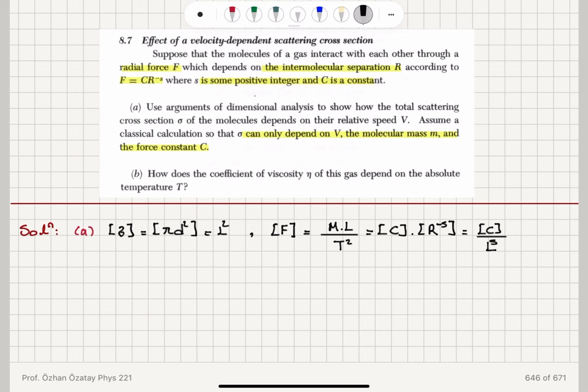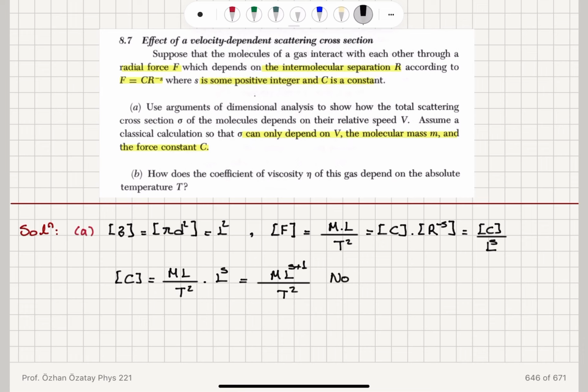So we can see that the dimension of this coefficient C is equal to the dimension of the force, mL over t squared, multiplied with L to the power S. So we obtain m L to the power S plus 1 divided by t squared as the dimension of this coefficient.